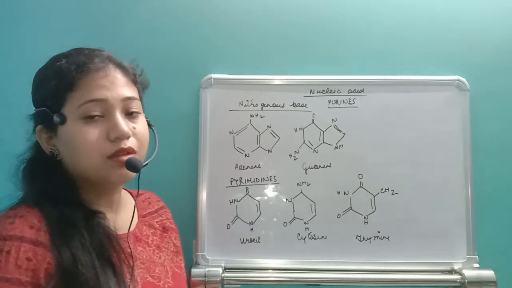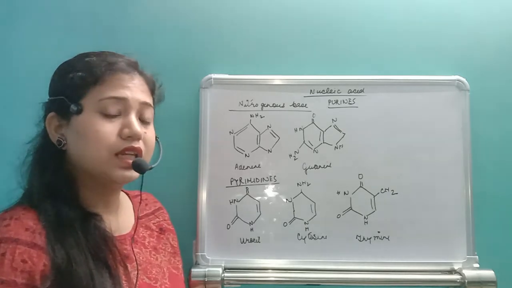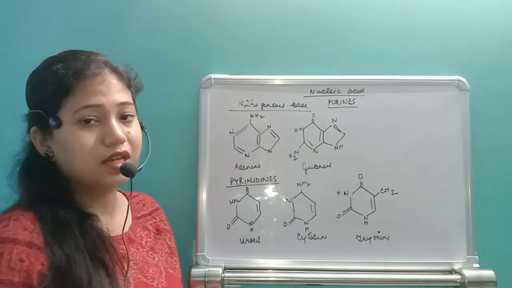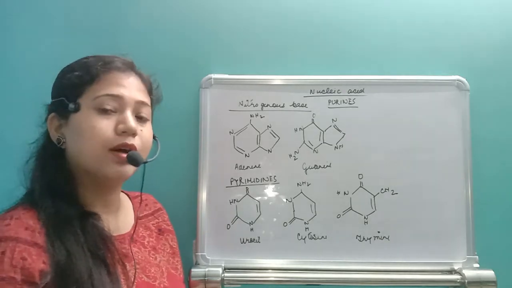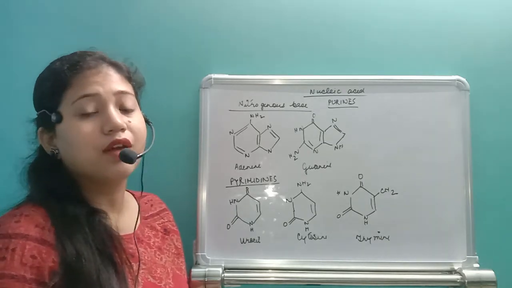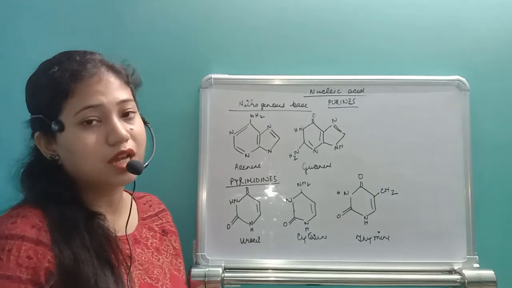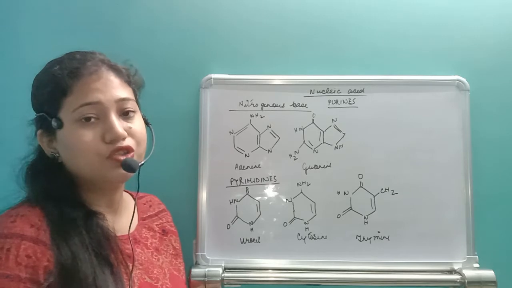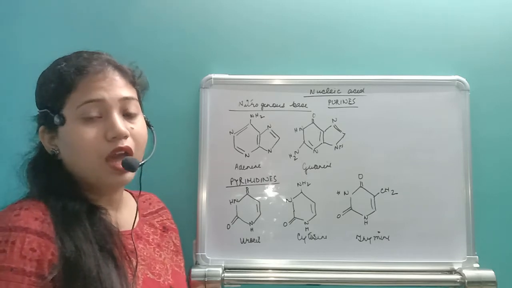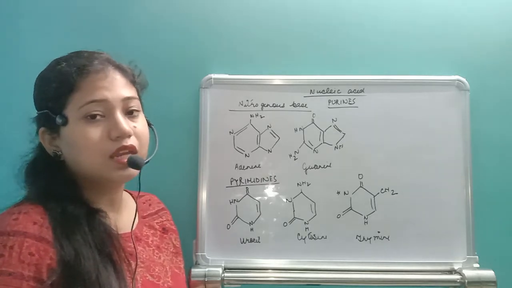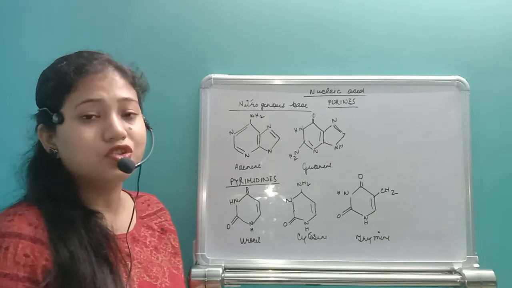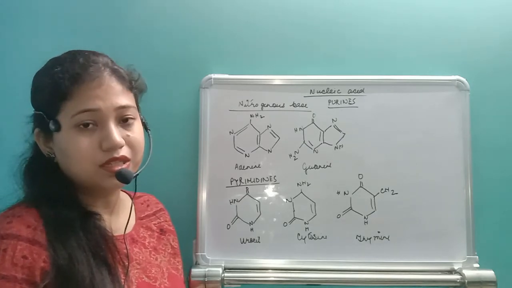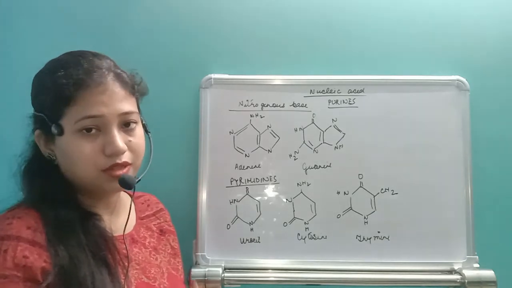In the purines, we have seen there are two types, adenine and guanine, and in the pyrimidines, we have three types: cytosine, thymine, and uracil. In DNA, we have A, G, C, and T, and in RNA, we have A, G, C, and U. Instead of thymine, uracil is replacing.